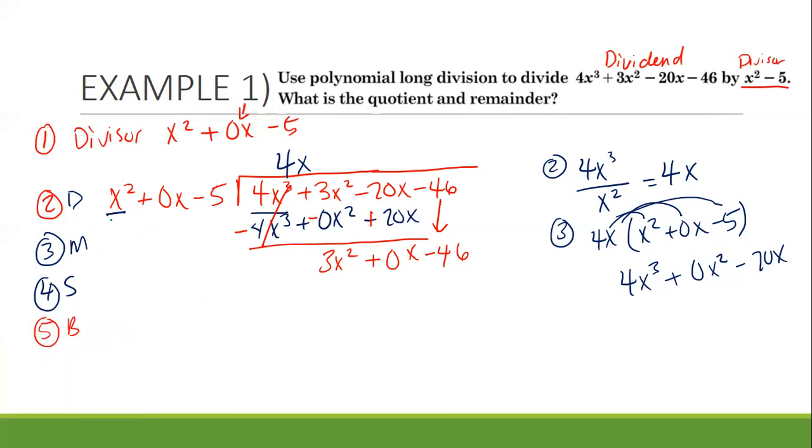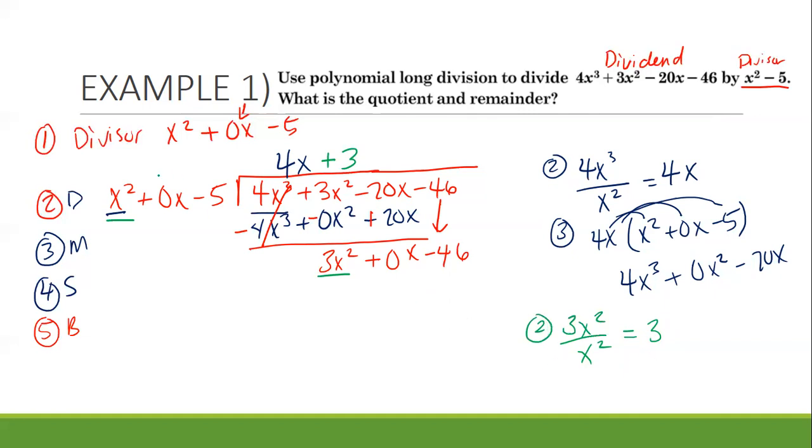So now I'm doing 3x squared divided by x squared. What does that equal? It equals 3. So we have a positive 3 added to our quotient. So again, we divide, multiply.